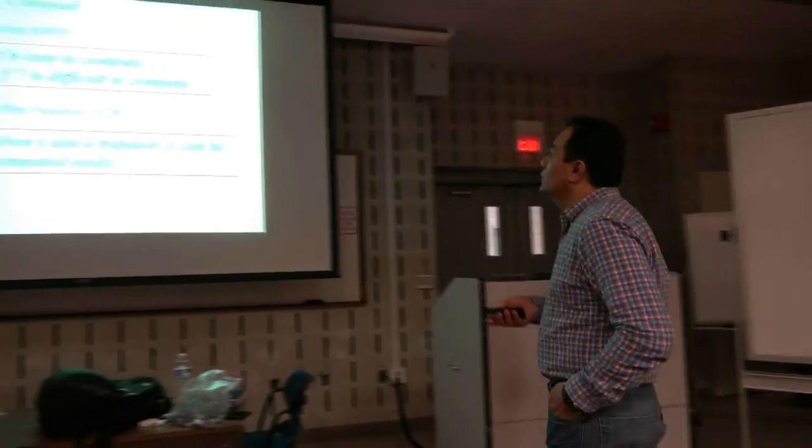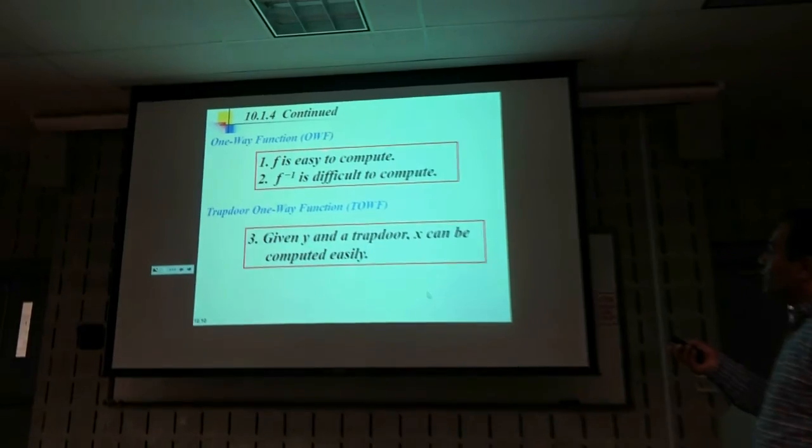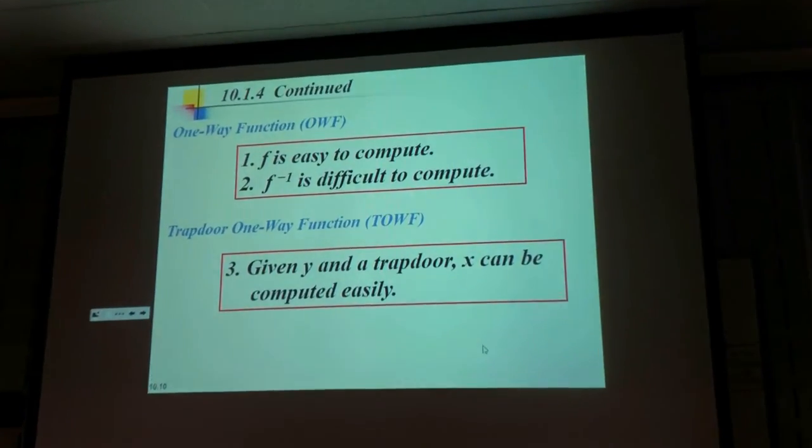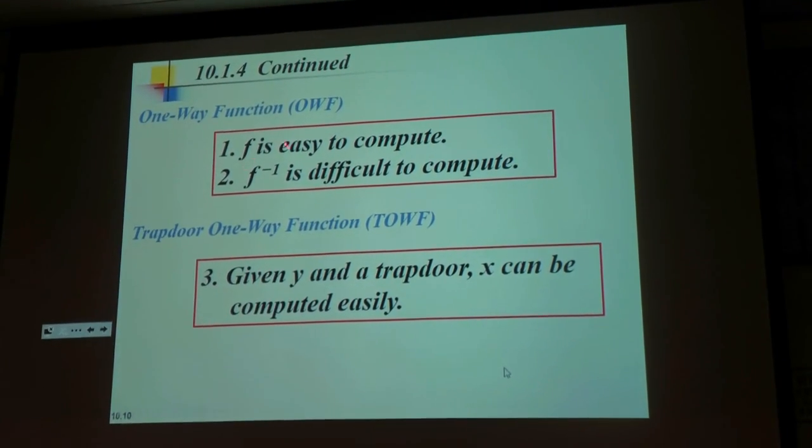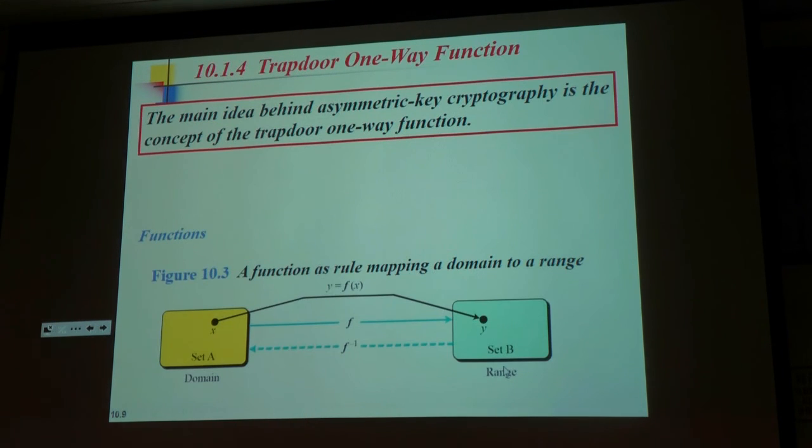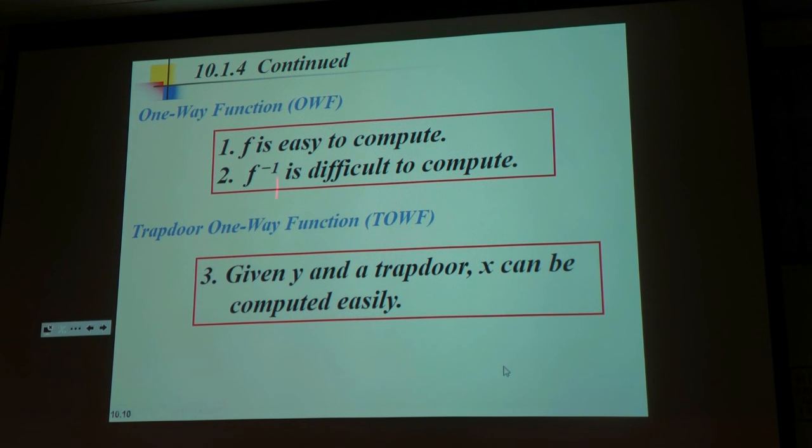So a one-way function, or we call it OWF. F is easy to compute. What is F? This is F. F reverse, F inverse, is difficult to compute. All right.